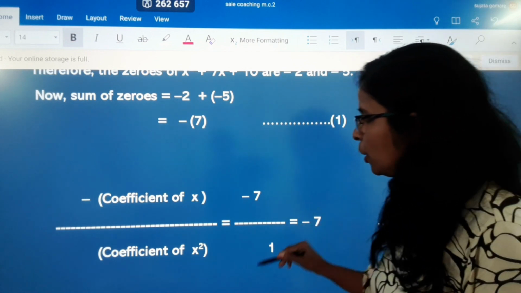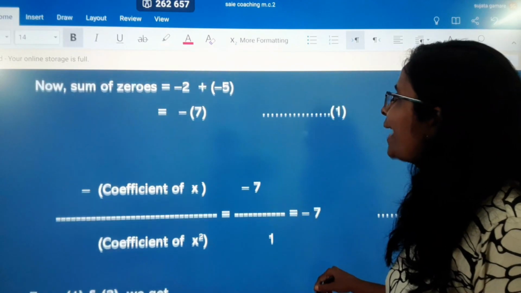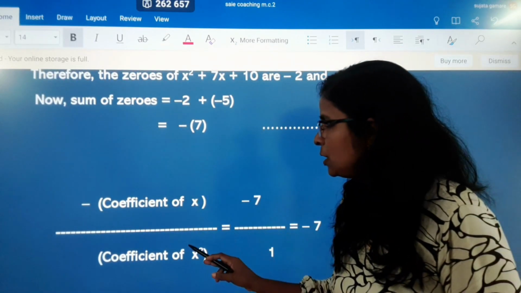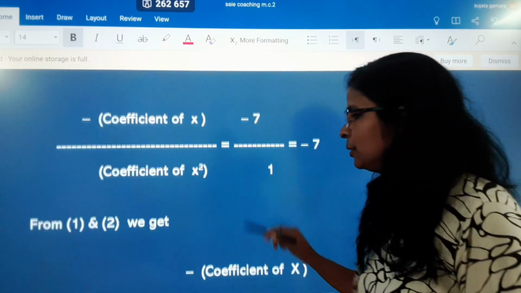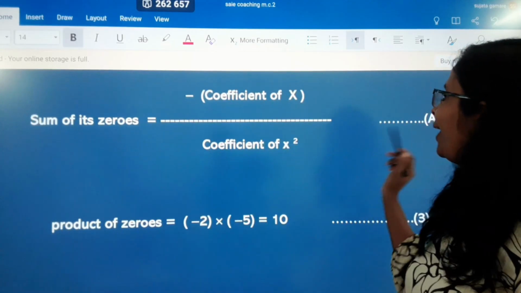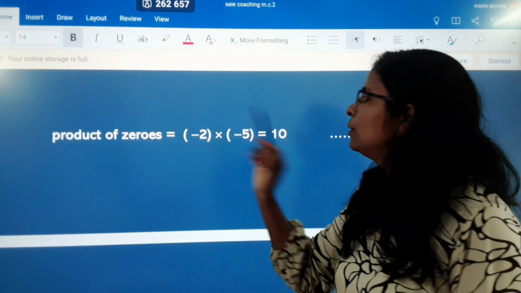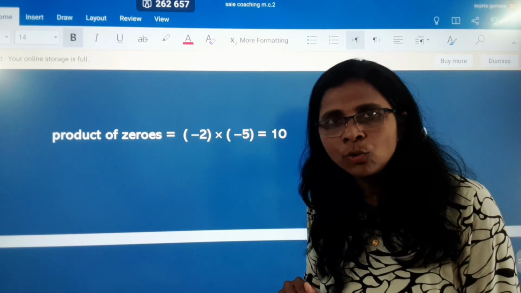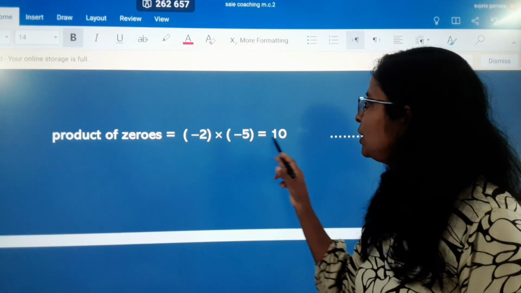Now here, from 1 and 2, we say that the sum of zeros is equal to minus b upon a. Call it A. Now the product of zeros: first zero is minus 2, second zero is minus 5, so their product is 10.